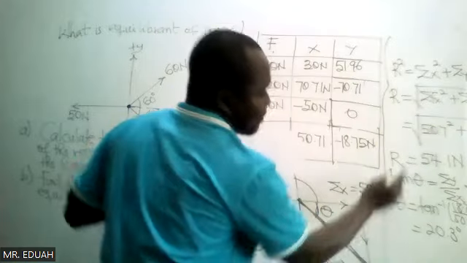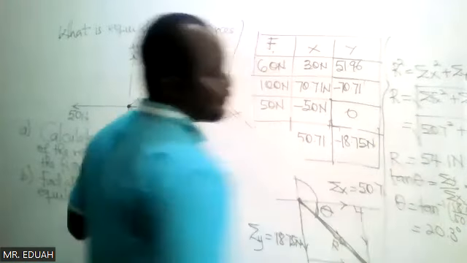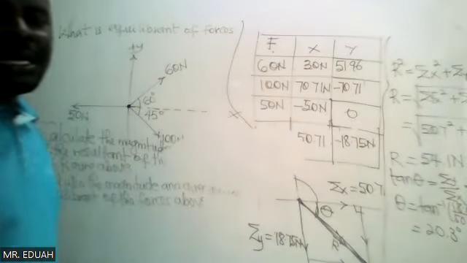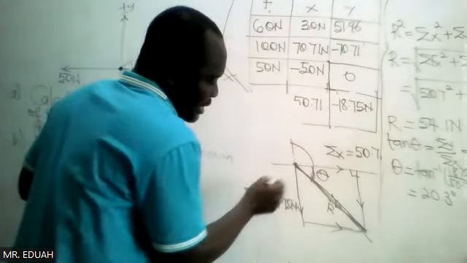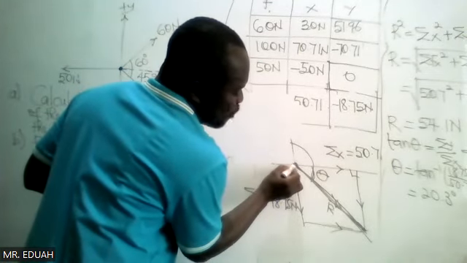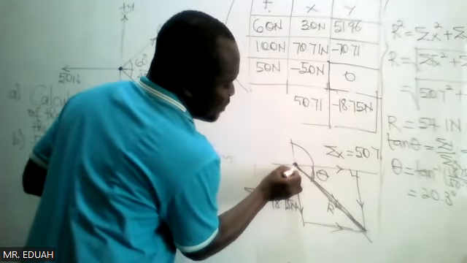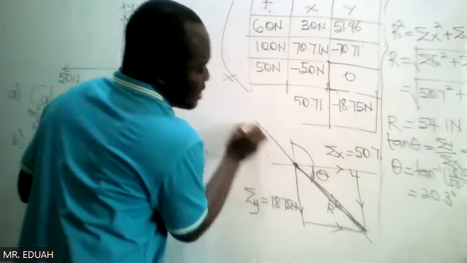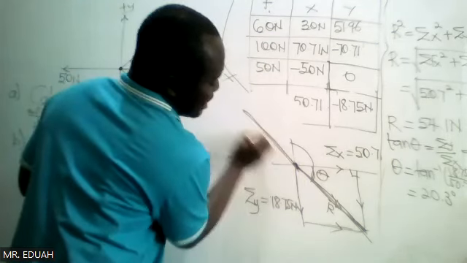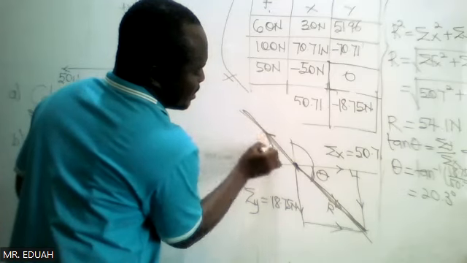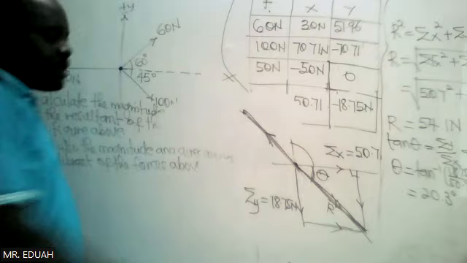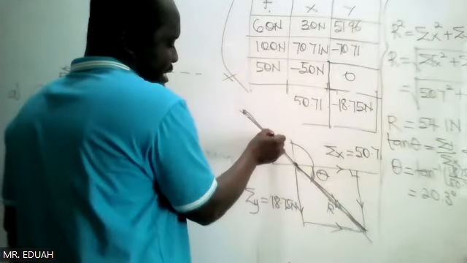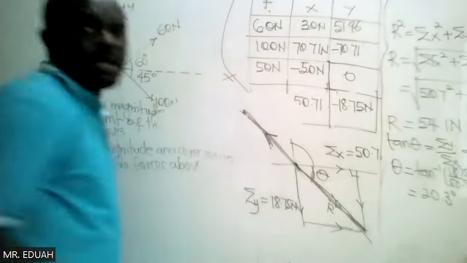So the magnitude of the resultant was 54.1, meaning that the magnitude of the equilibrium must also be 54.1. But its direction must be opposite to the direction of the resultant. So the equilibrium must act in this direction. Okay, now what is the direction?